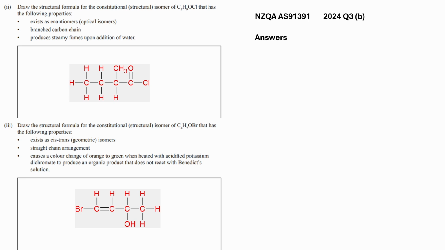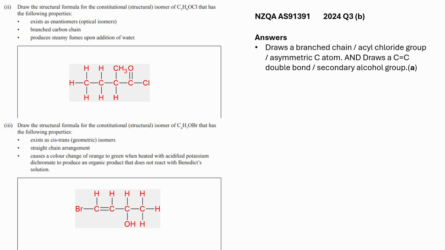This is the final question here. If we can draw a branch chain molecule here, and we put an acyl chloride group, and we drew a carbon double bond carbon here where it achieved.